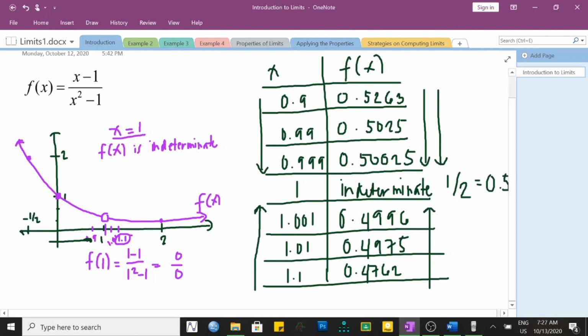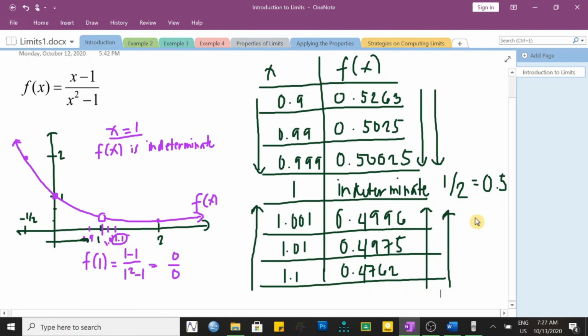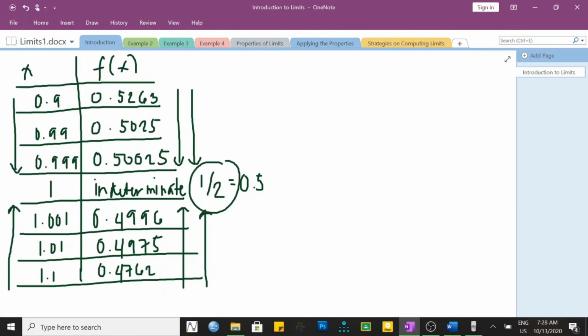Also, from the right side, it seems that these numbers are getting closer and closer to 1/2 or 0.5. This number here, 1/2, is termed in mathematics as the limit of function f of x as x approaches 1.